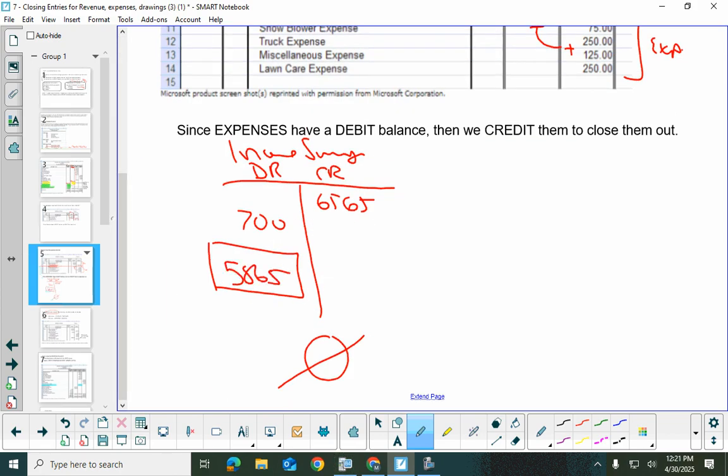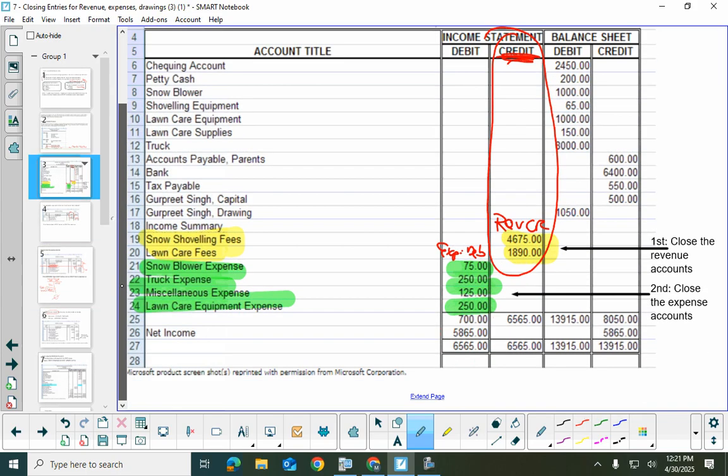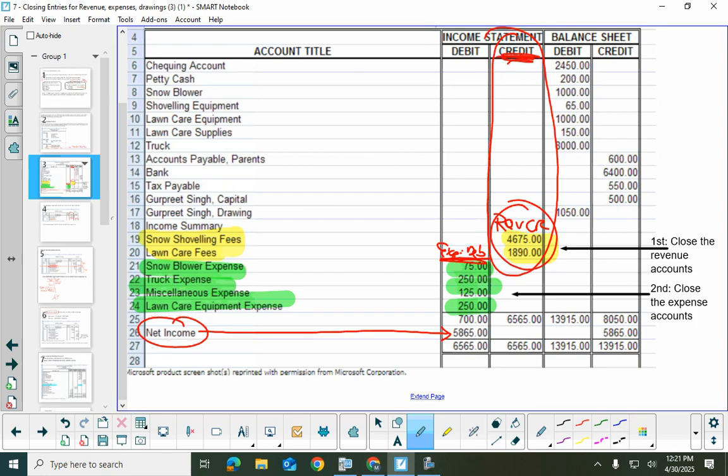So to close out income summary, I'm going to have to debit income summary. Now, that number is your net income. If you look back on the worksheet, right here, net income, 58.65. And again, it was net income because revenue is bigger than expenses.